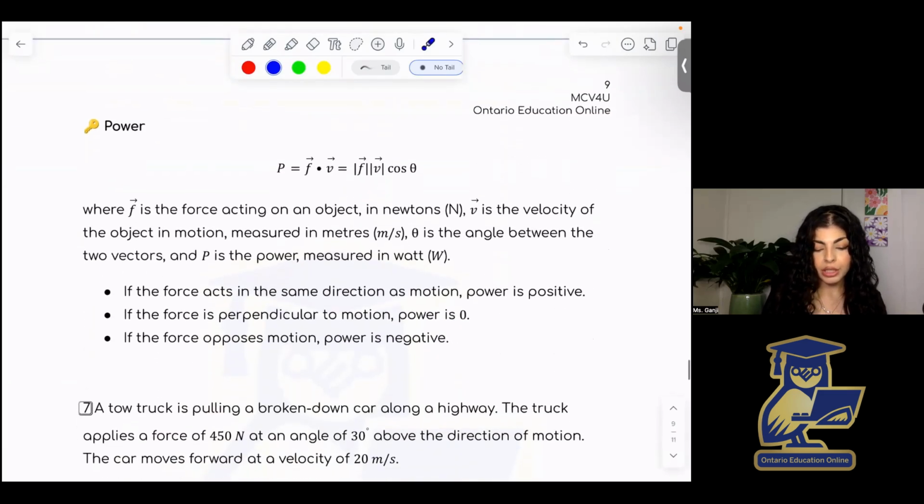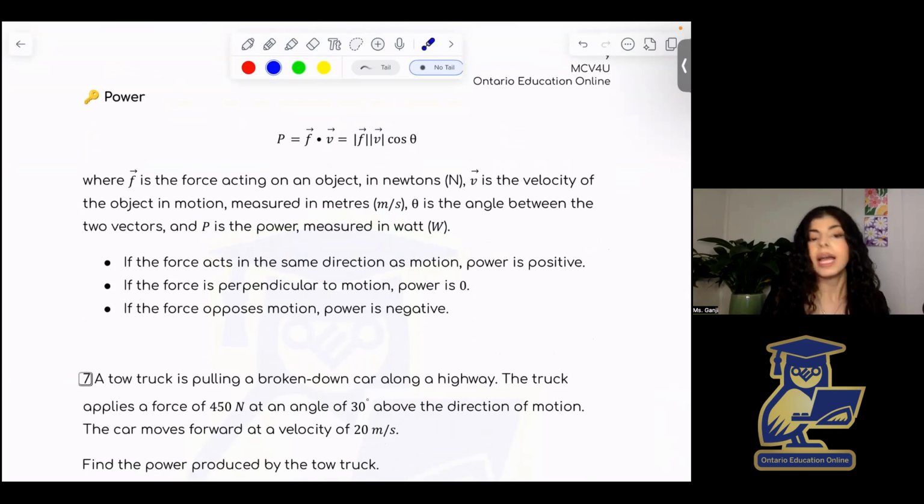So just to give you a definition, power is going to be the dot product of the force and velocity, where force is the force acting on an object in newtons, and v is the velocity of the object in motion. And it's measured in meters per second, and it has a direction, so it's a vector. And theta is the angle between the two vectors. And now P, which is the power, is measured in watts, which is shown by W.